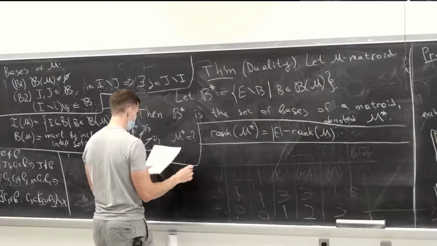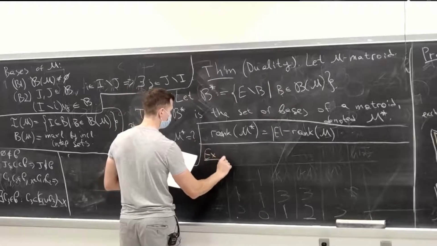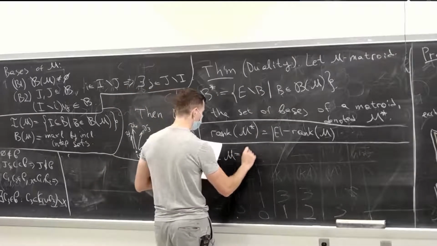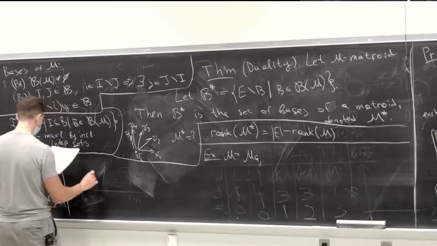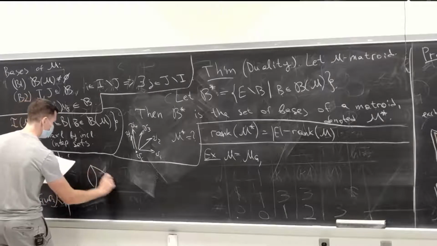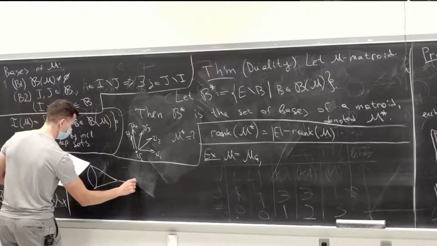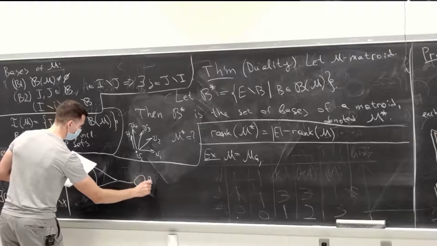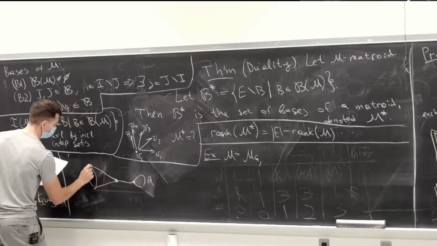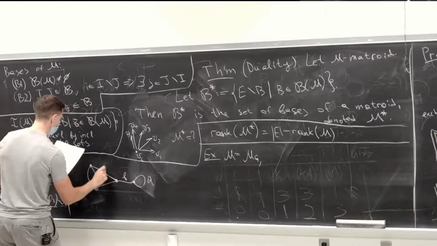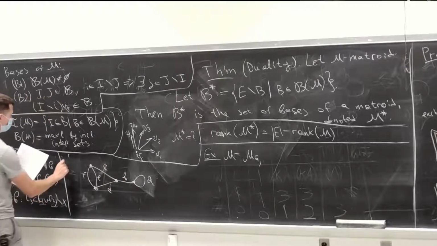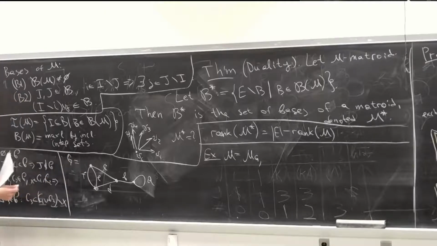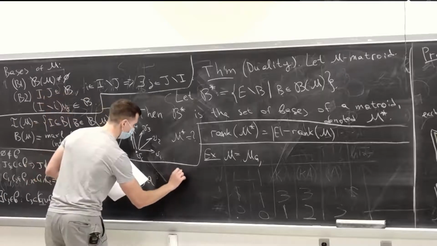All right. So what happens if I take a graph? Let me draw a random graph, and I want to take a planar graph, maybe something like that. And I want to label the edges. So vertices are here. A, B, C, D, E, F. This is my graph G. So what is the set of bases of the corresponding matroid?